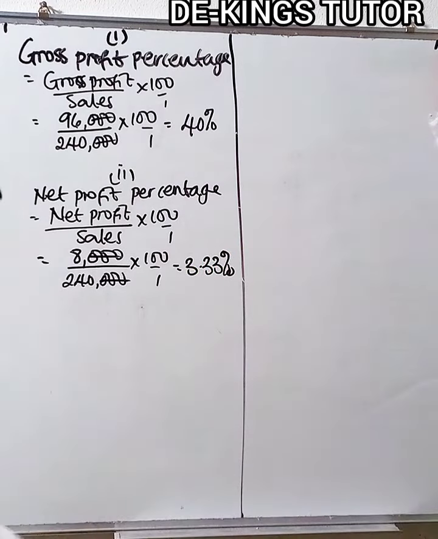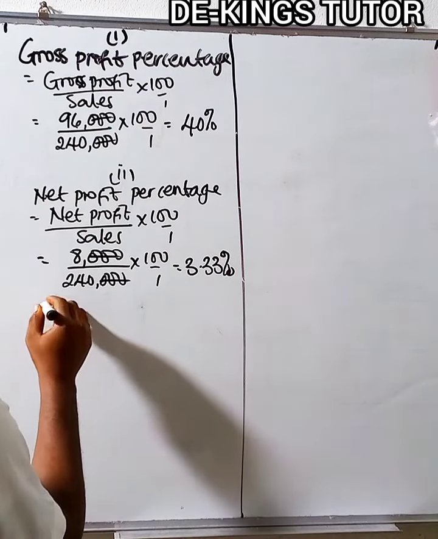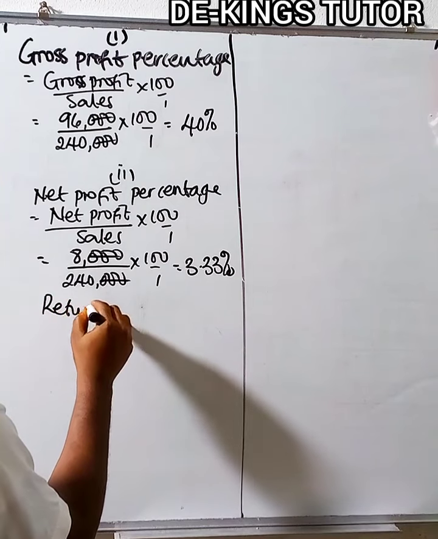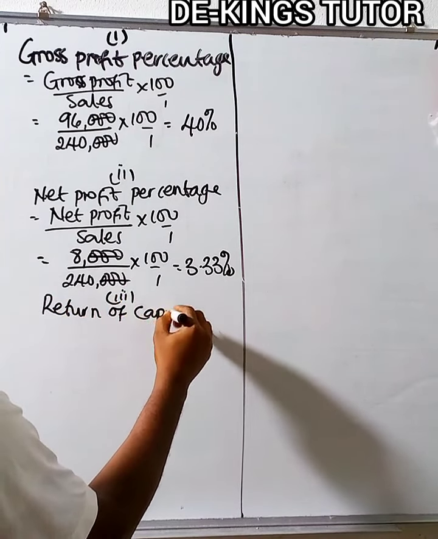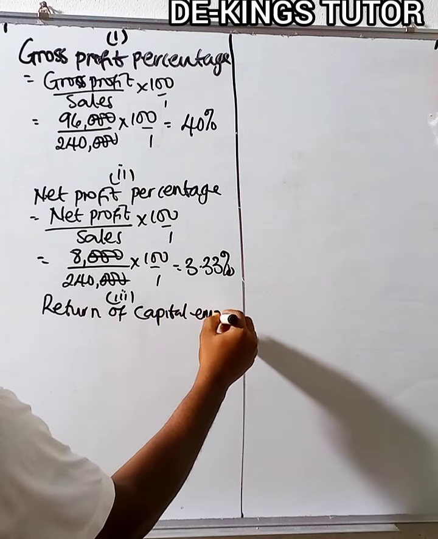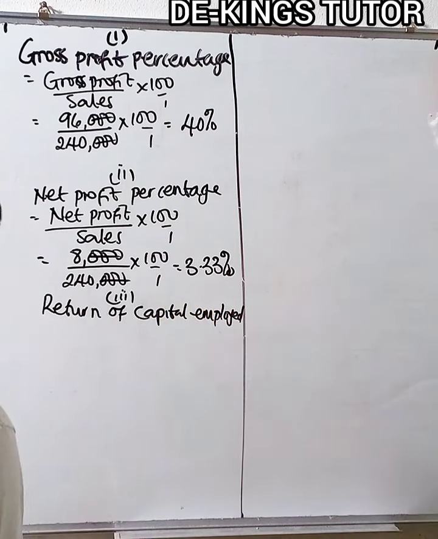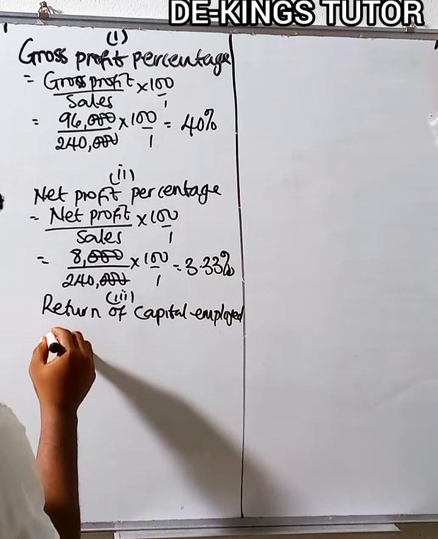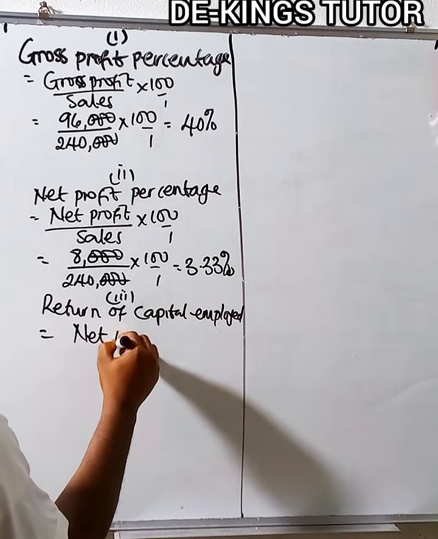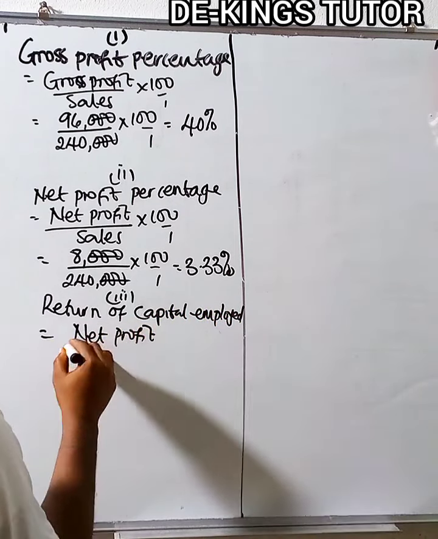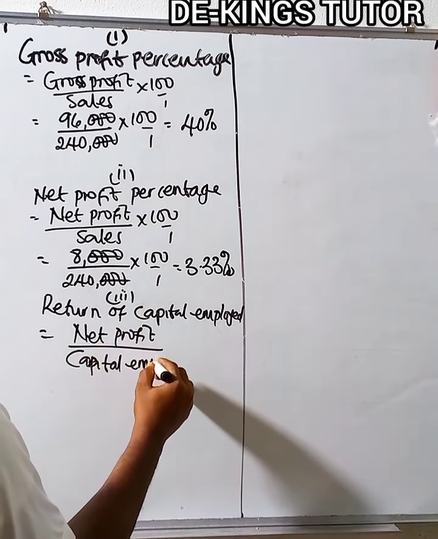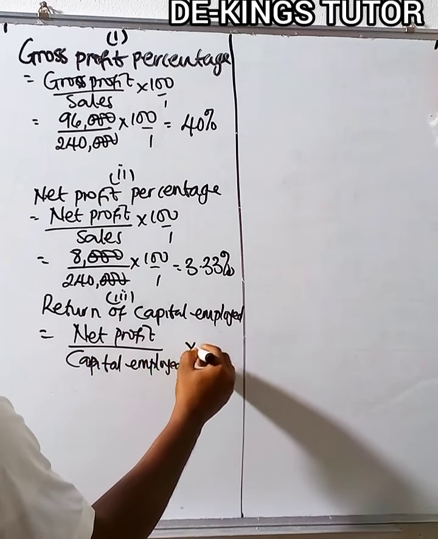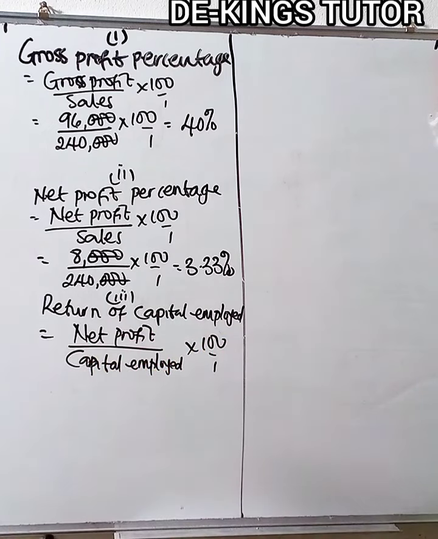Okay, now the next one is the return on capital employed. The return on capital employed is given as the net profit over the capital employed times 100 over 1.